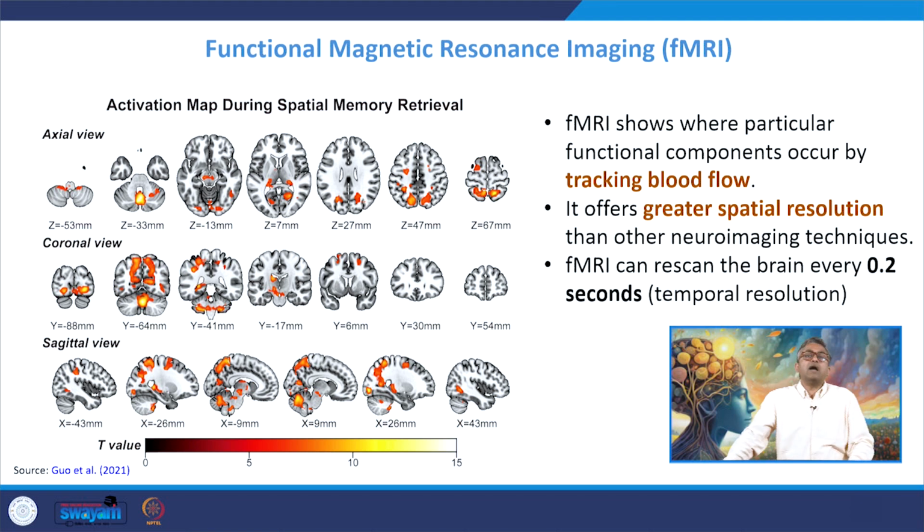In this functional magnetic resonance imaging, we are measuring the oxygenated and deoxygenated blood. Whenever a cognitive task is there, whenever an individual is processing information, he is consuming a lot of oxygen.